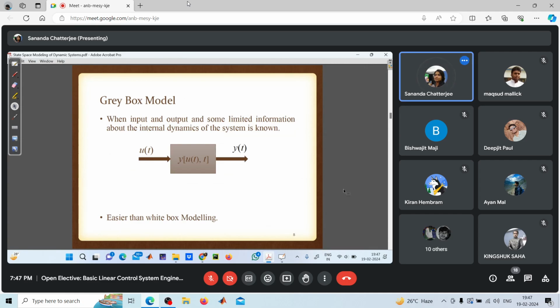That kind of model is called a gray box model. Say in a particular case, if you know that there are these many components, but we don't know their interconnection, that kind of model can be called a gray box model.